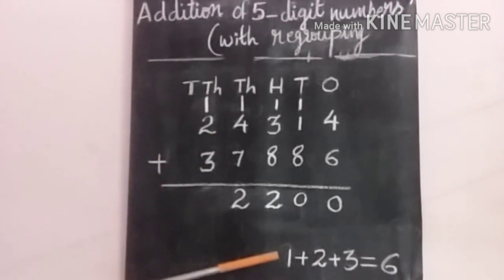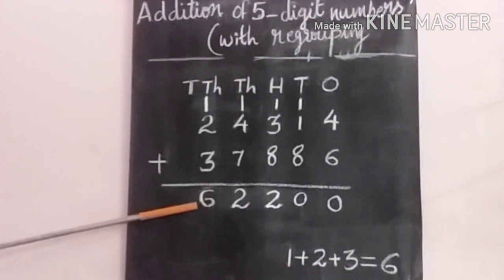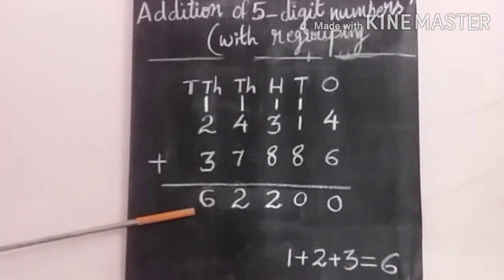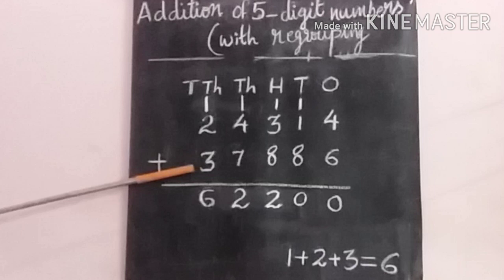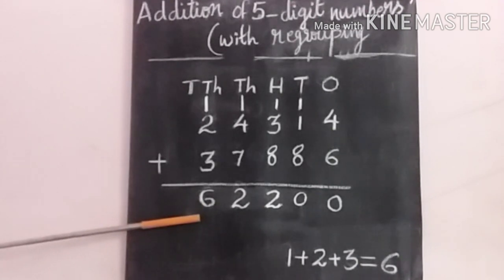That is 1 plus 2 plus 3. That is equal to 6. This 6 you can write in 10,000 place. So when we add 24,314 and 37,886, we will get 62,200.